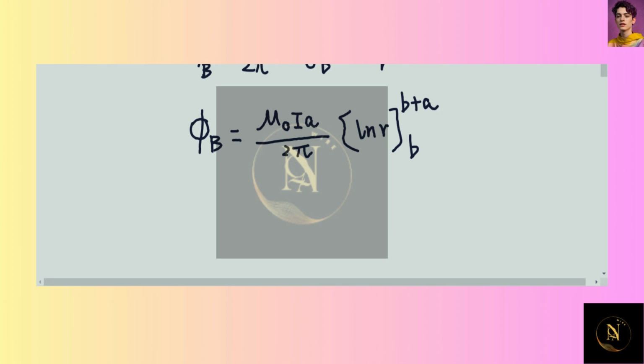Okay, so therefore it's equal to mu0 I A over 2 pi times natural log b plus a minus natural log b.